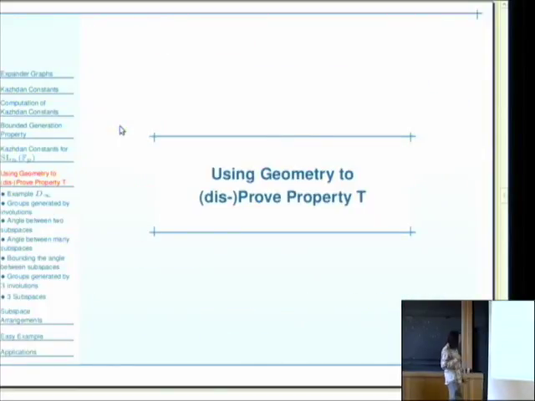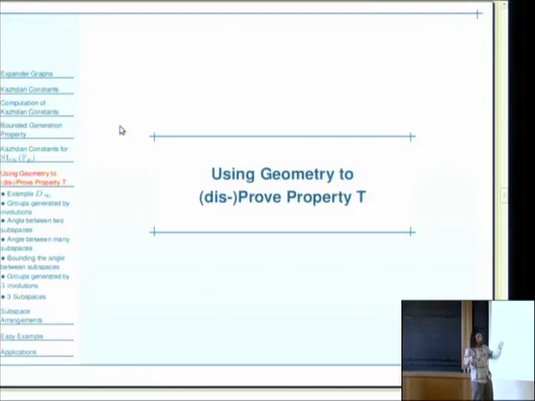Okay, so now this is what I wanted to talk about. This is a very nice geometric way to prove things related to property T, which has been around for several years. I think this method was developed by Dymara and Januszkiewicz about 2002, 2001, I'm not sure.